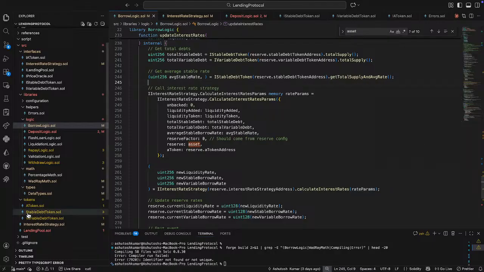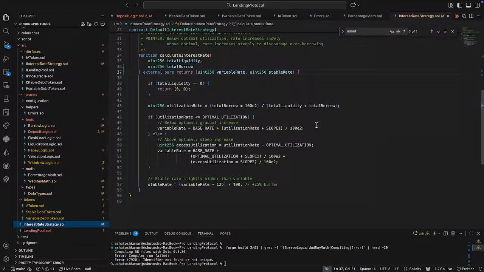But logic here is really simple: total liquidity and total borrow. From the same pool, yeah, the pool will be same. You can just reduce down to, it's simple. Just a second. Two minutes.